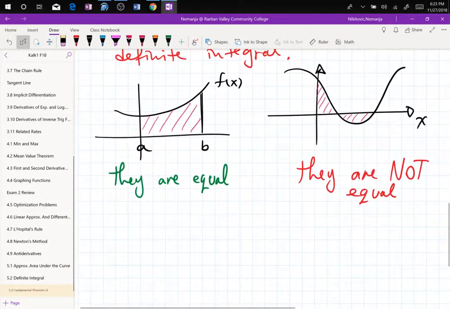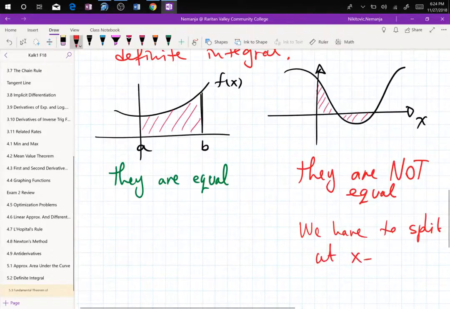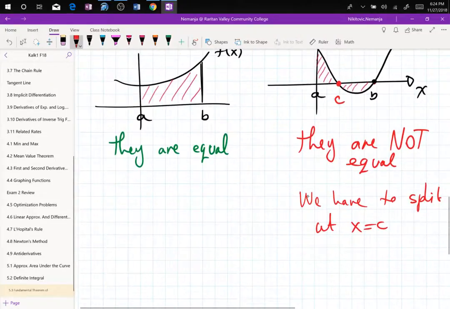This is the part where we have to split at x equals c. So your A and your B, right? So A and B is the main interval, but now there is a C. So you have to go integral A to C plus absolute value of integral C to B to get the area.